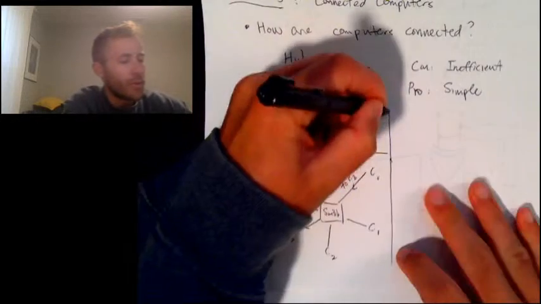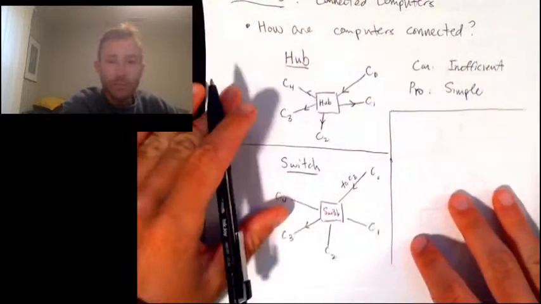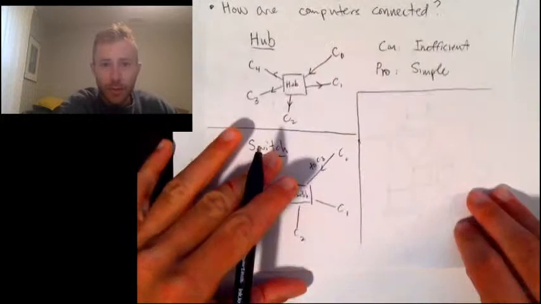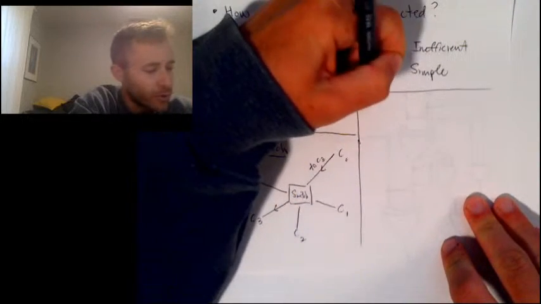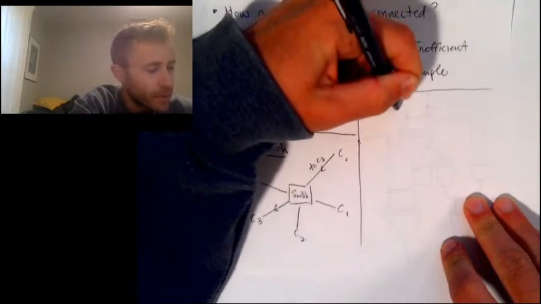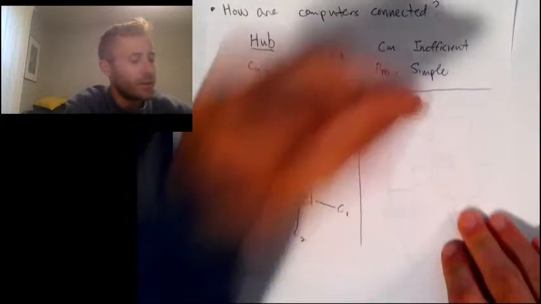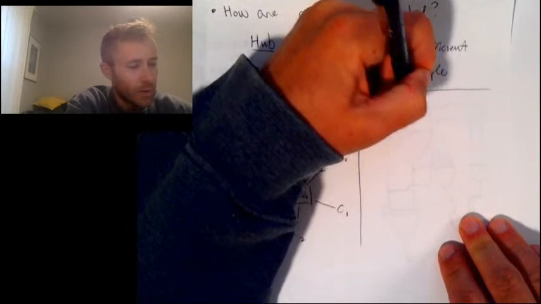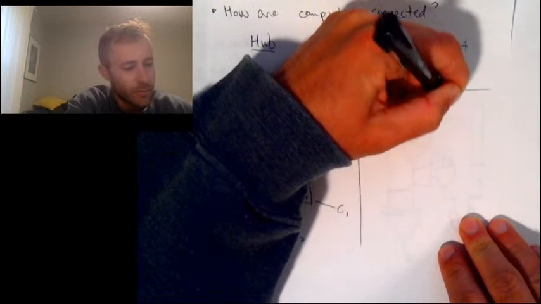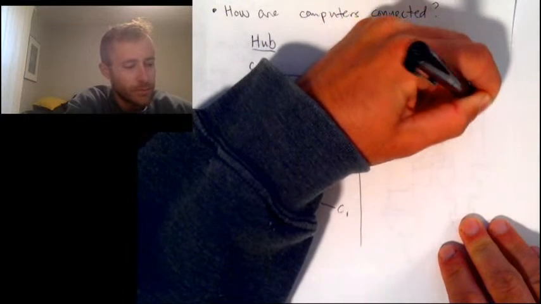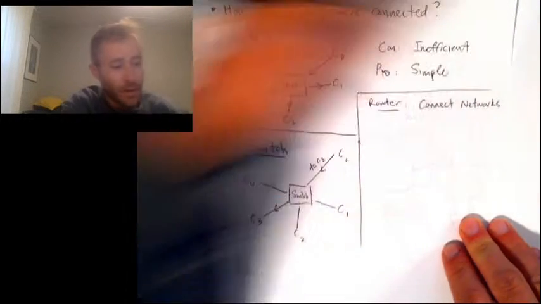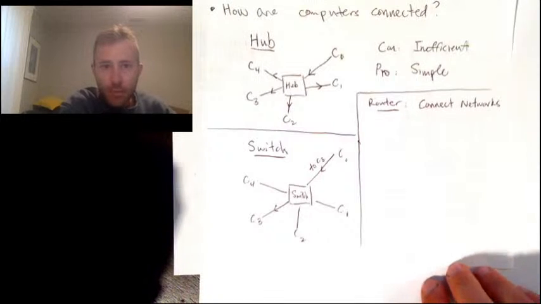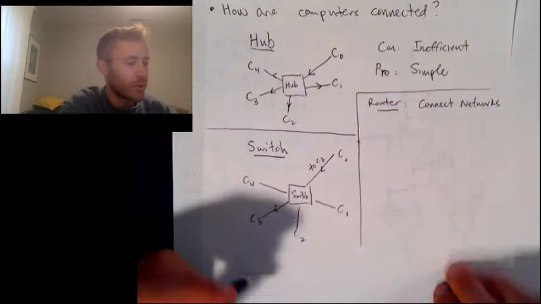And then the third way that computers can be connected is with what's called a router. The important thing about routers is that routers connect networks together.